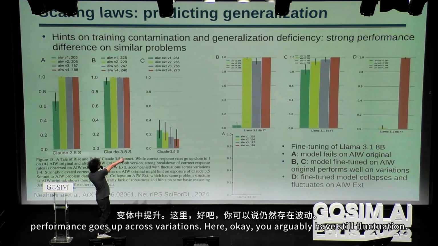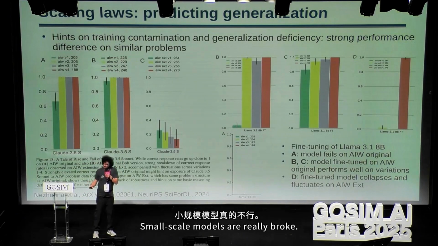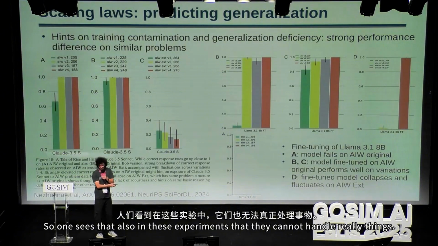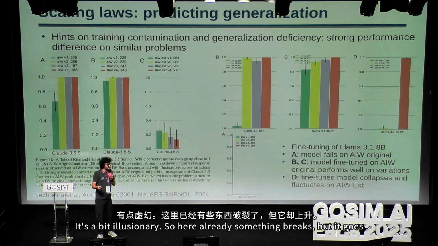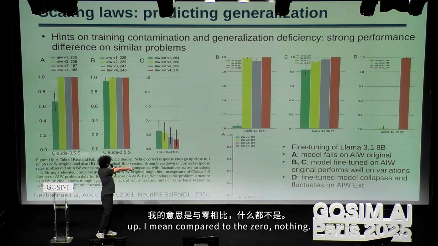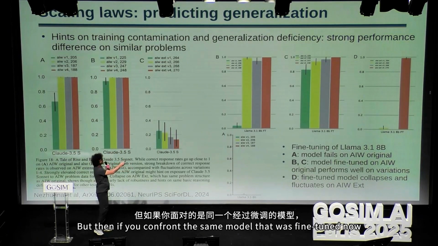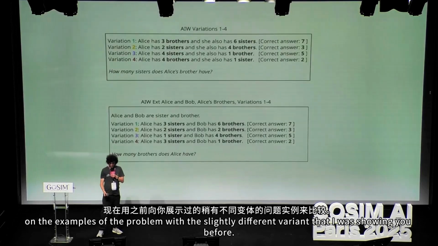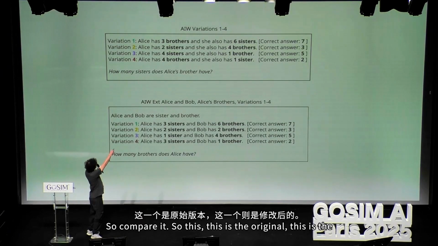Here you arguably still have fluctuation. Small-scale models are really broken, so one sees in these experiments that they cannot handle things. It's a bit illusory. So here already something breaks, but it goes up compared to 0, nothing. But then if you confront the same model, fine-tuned now on examples of the problem, with the slightly different variant that I was showing you before, compare it. This is the original, this is the modification.